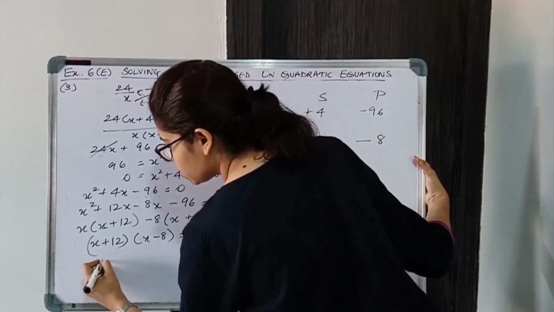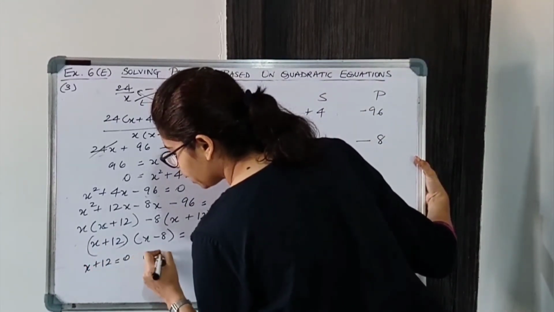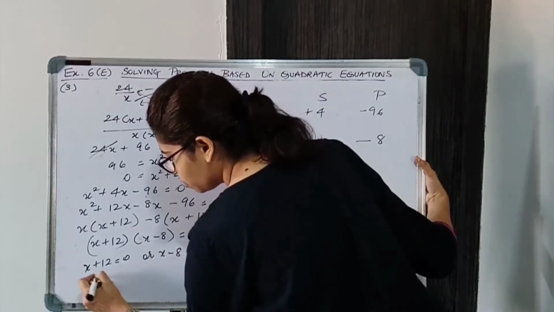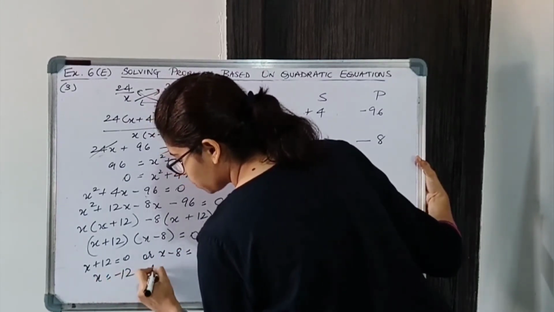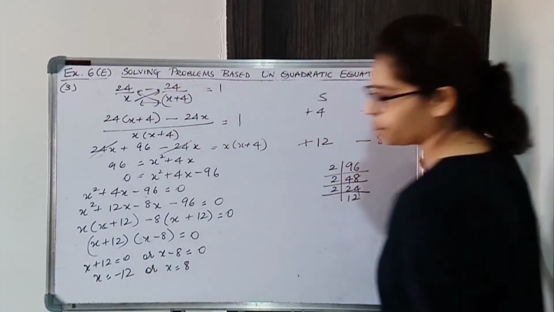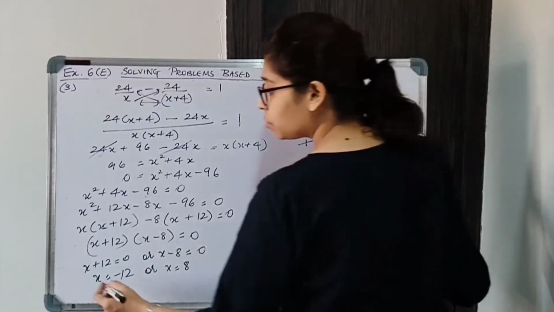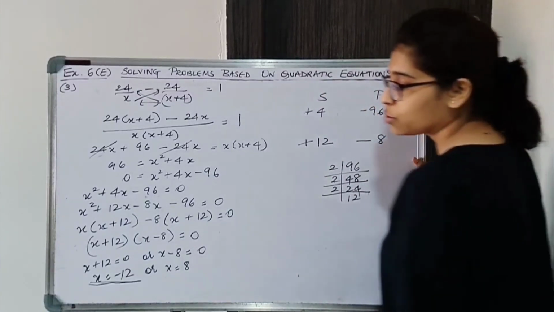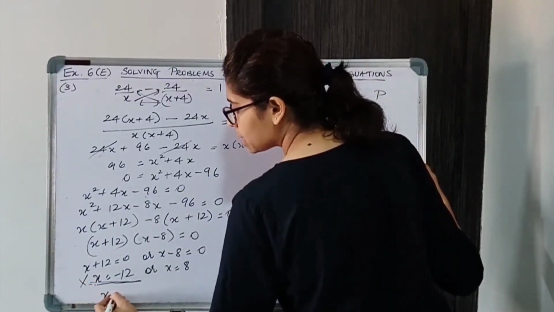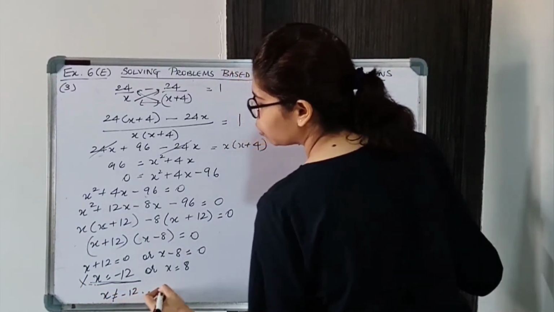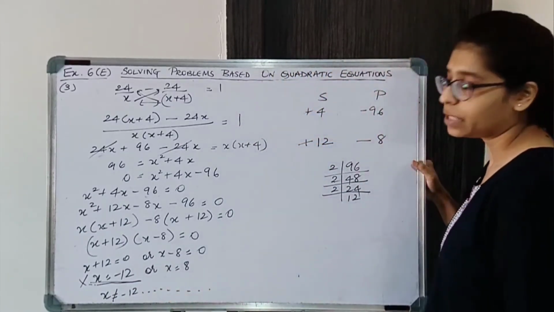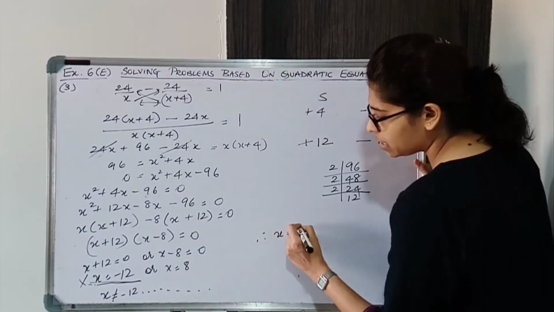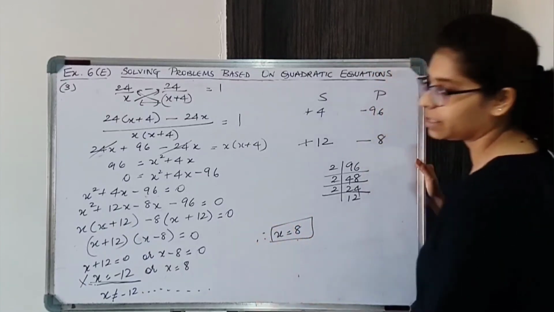So x plus 12 is equal to 0 or x minus 8 is equal to 0. So x is equal to minus 12 or x is equal to 8. Can the number of people be negative? No. So you will write down x is not equal to minus 12 because the number of people cannot be negative. Therefore x is equal to 8.